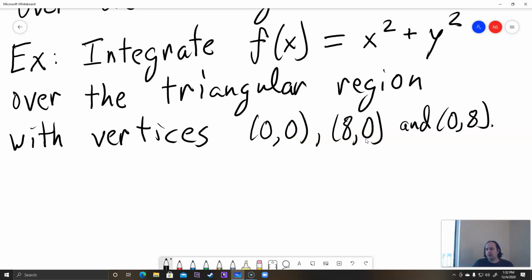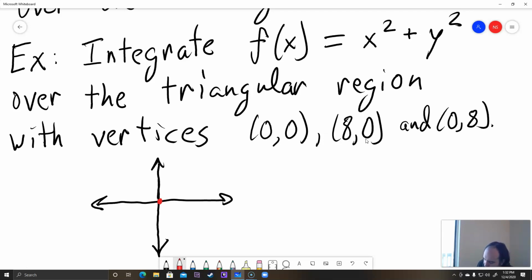Okay? And since it's not a rectangle, we are going to need to do a sketch of this region, but it shouldn't be too hard to draw. So with the xy plane, we can just plot these 3 points, and then we can sketch our triangle. So we've got the point 0, 0.